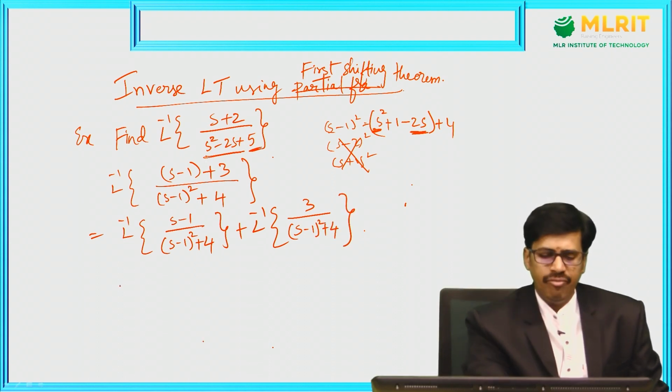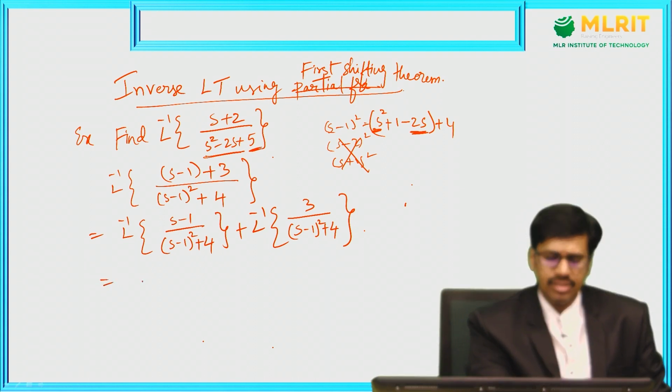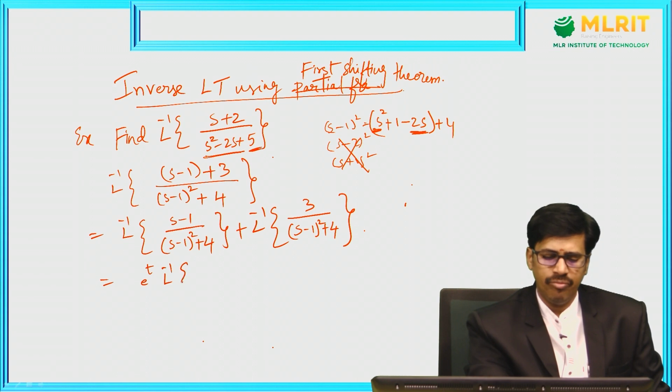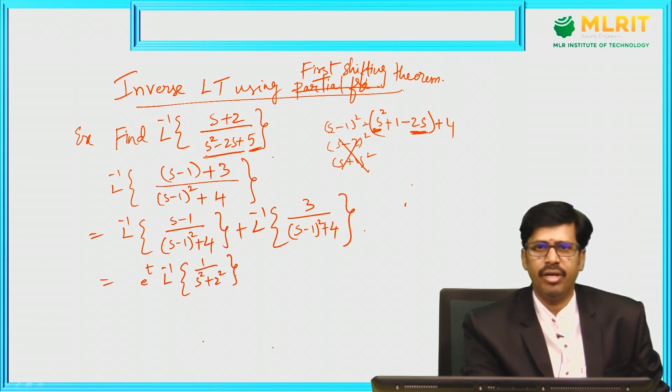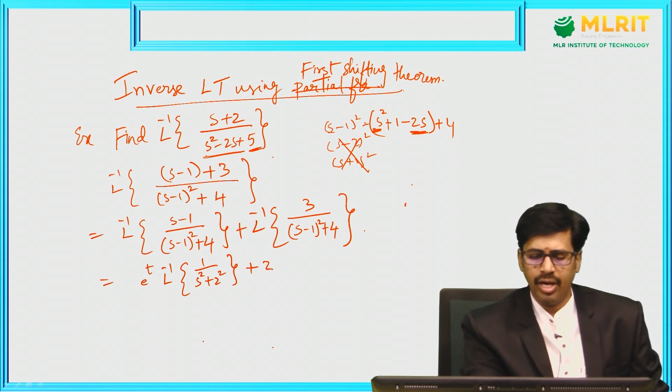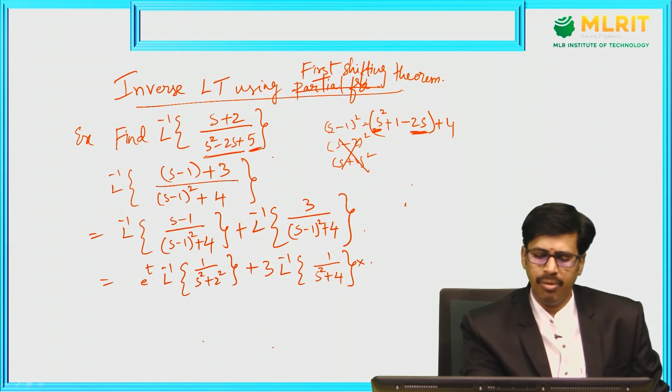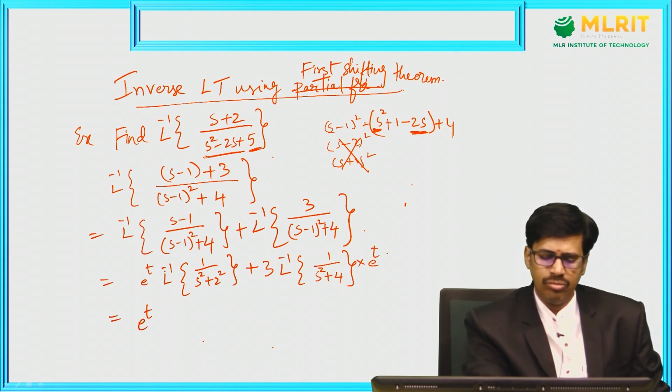To apply first shifting theorem, this can be written as e^t into L inverse of s by (s² + 4) plus 3 outside, L inverse of 1 by (s² + 4), multiplied with e^t. So e^t, let us take it common.